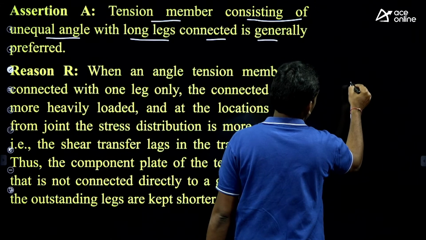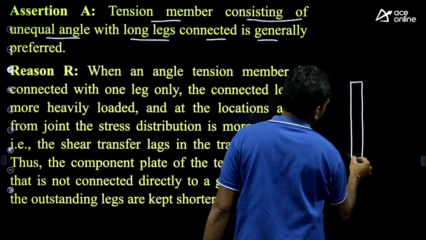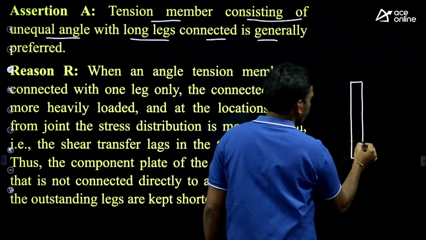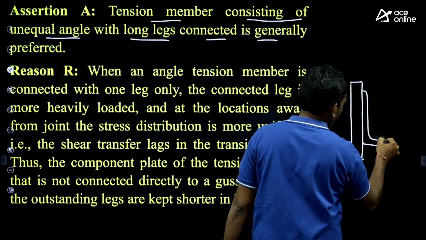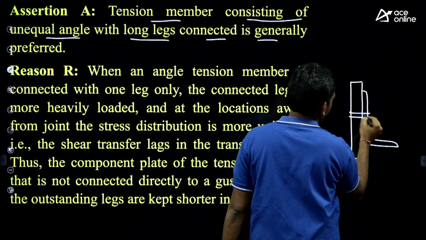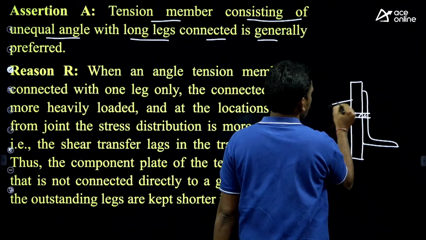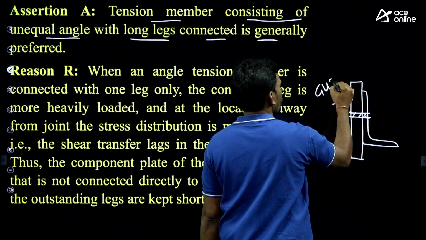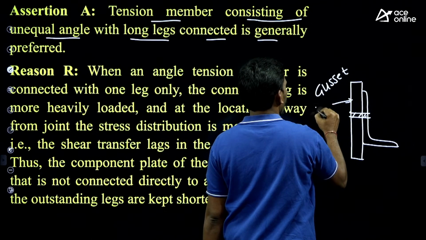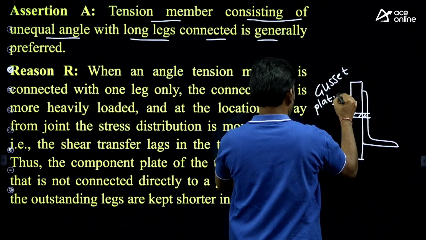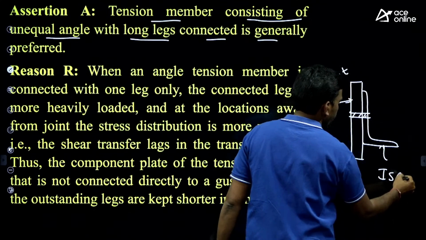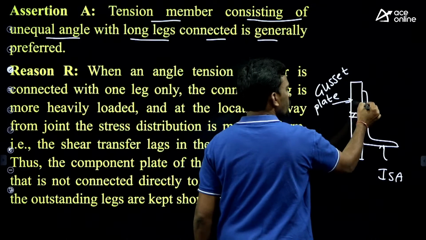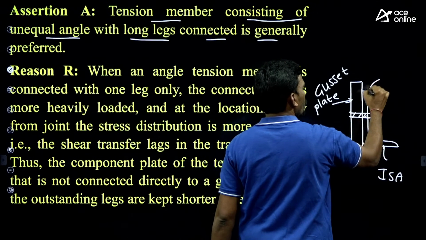So this is the gusset plate, for example, and this is the Indian standard angle section. Now this leg is connected to the gusset plate, right?